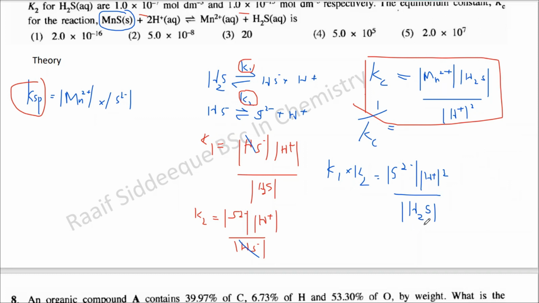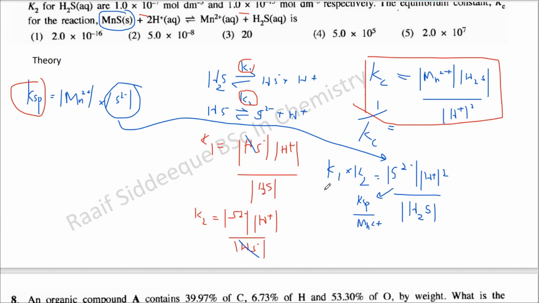So what you can do is, instead of this S2- concentration, plug that in as Ksp over Mn2+. We have seen this type of question many times, but I'm still doing it just to make sure everything is fine.